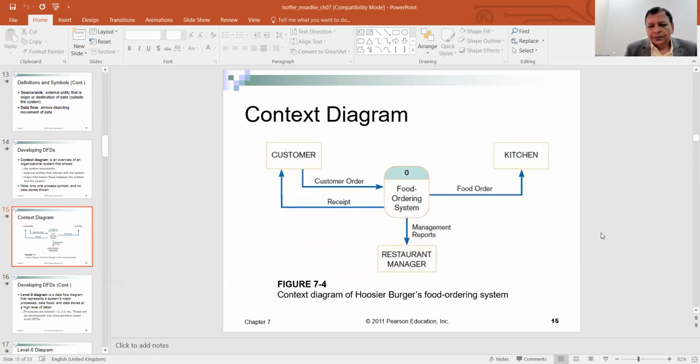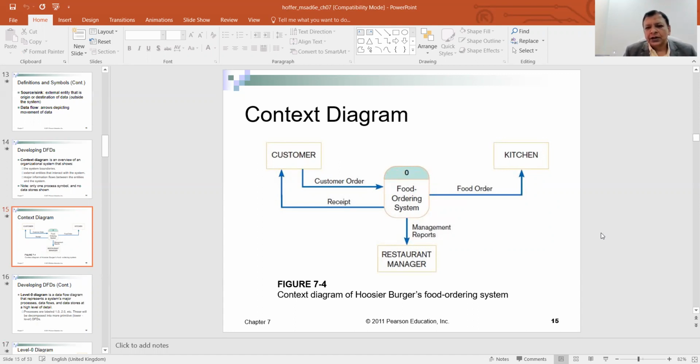For example, the context diagram for the Hoosier Burgers food ordering system, as per Modern Systems Analysis and Design by Jeffrey Hoffer. There is a customer and the food ordering system. Restaurant manager is an entity, customer is an entity, kitchen is an entity.